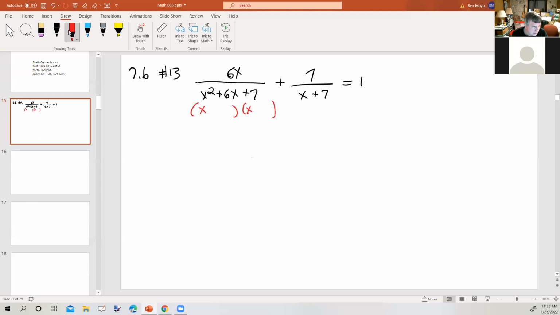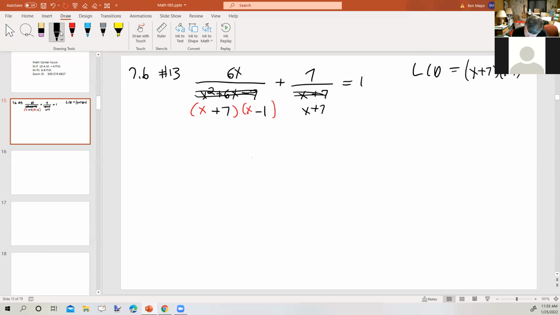Oh, I copied the sign incorrectly. I was looking at that going, we've got an issue here. There we go. So now it's going to be plus 7 and minus 1. And this is just going to be x plus 7 still. So now our least common denominator is going to be x plus 7 times x minus 1.